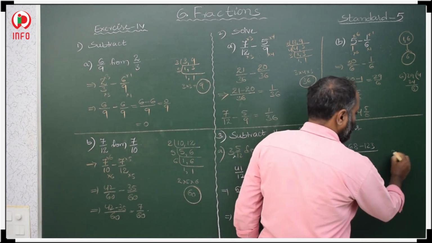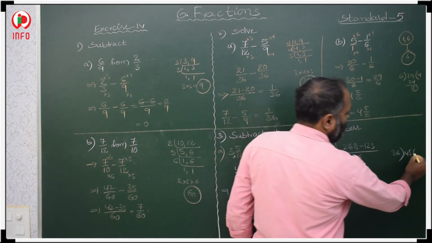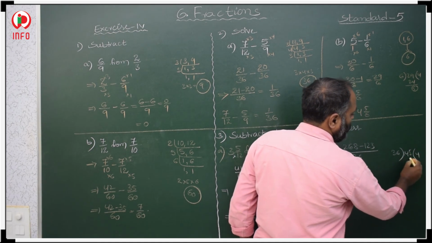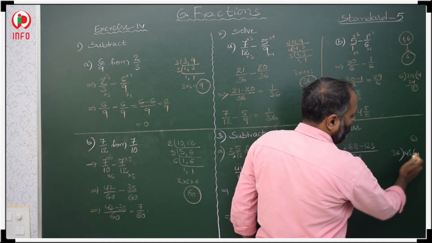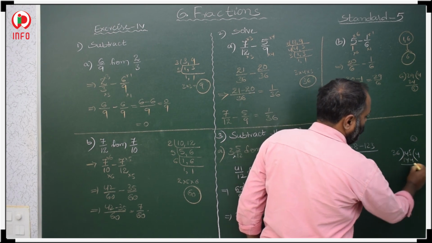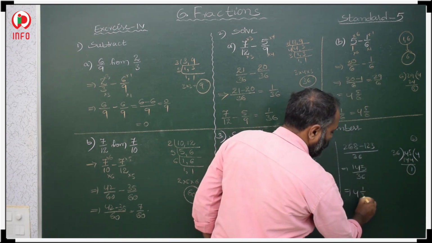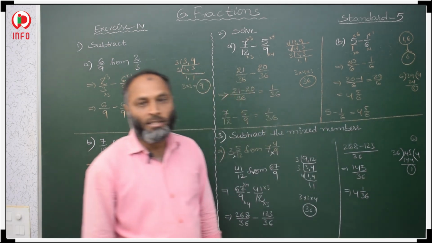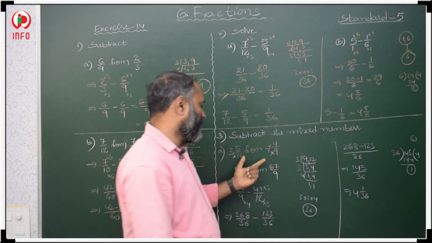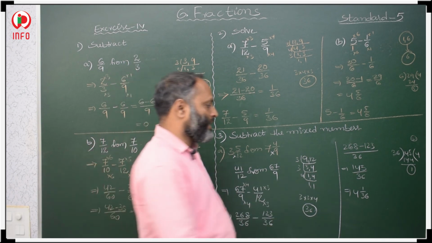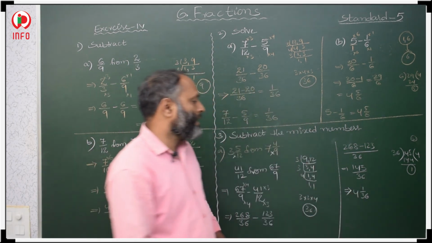Then 36 divides 145. 4 6s are 24, 4 3s are 12, 144, 1 is the remainder. Then 4 1 by 36. This is our answer. It means if we subtract, then 4 1 by 36 is the answer.